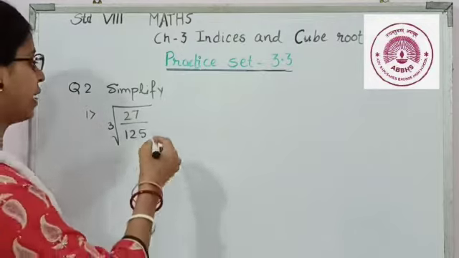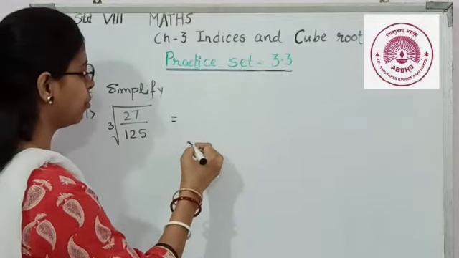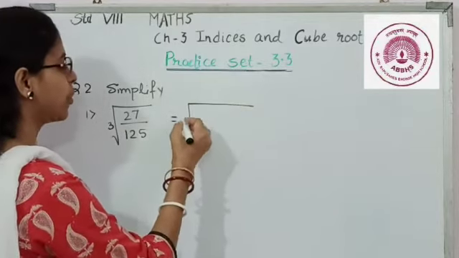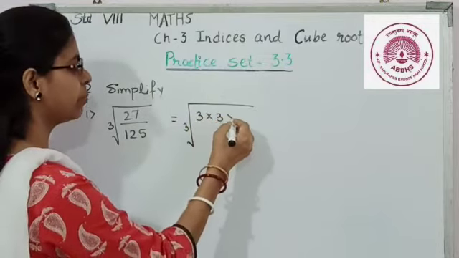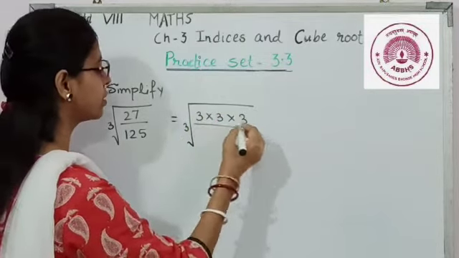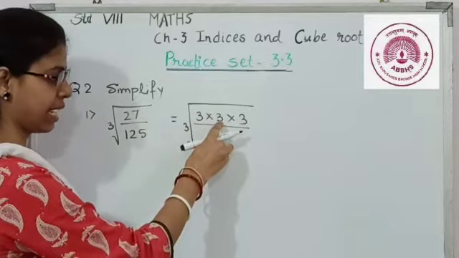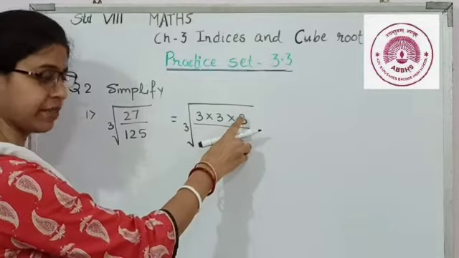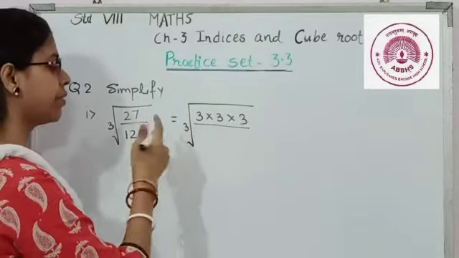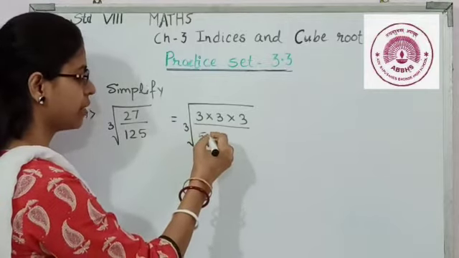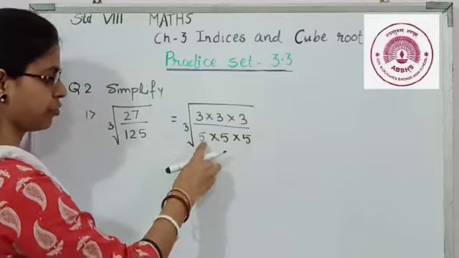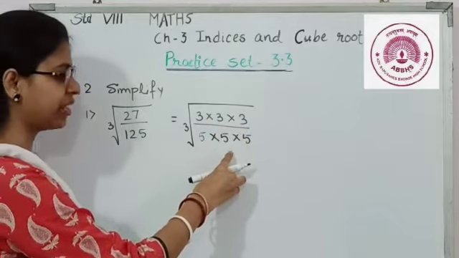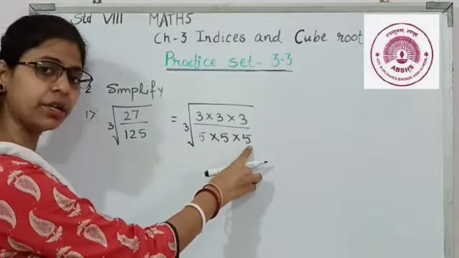Now cube root of 27 can be written as 3 multiplied by 3 multiplied by 3, because 3 3s is 9, 9 3s is 27. Similarly 125 can be written as 5 multiplied by 5 multiplied by 5. 5 5s is 25, 25 into 5 is 125.